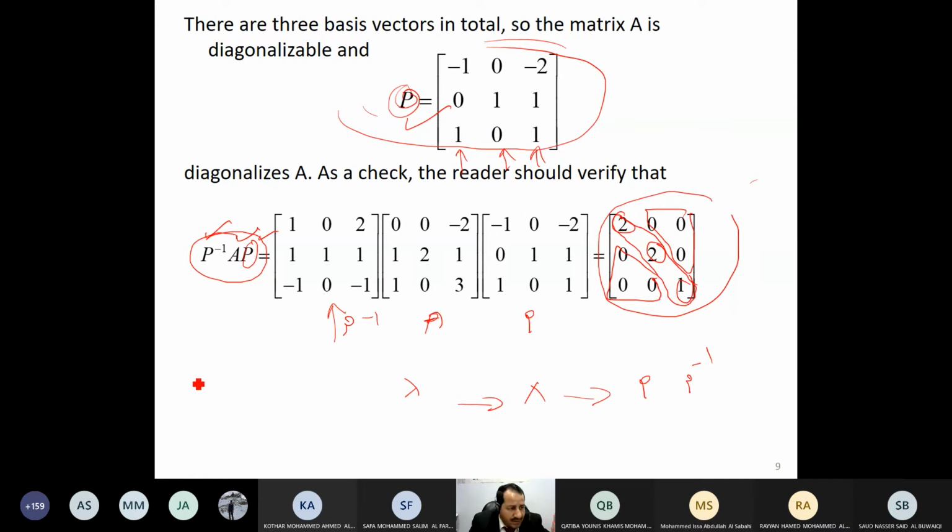So if I put them in this way, P inverse A P, the new matrix is a diagonal matrix which represents lambda 1, lambda 2, lambda 3. Other items are zeros. This is called the diagonalizable property, and the matrix P diagonalizes matrix A.